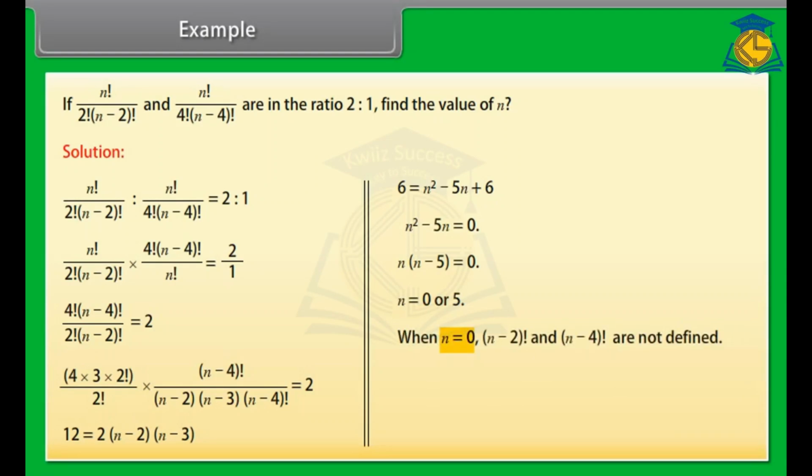When n is equal to 0, n minus 2 factorial and n minus 4 factorial are not defined. Rejecting n is equal to 0, we have n is equal to 5. Permutations.